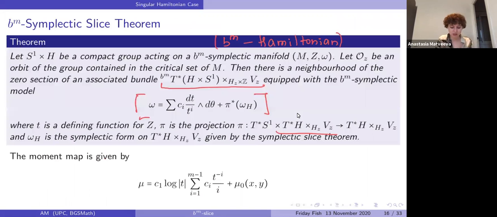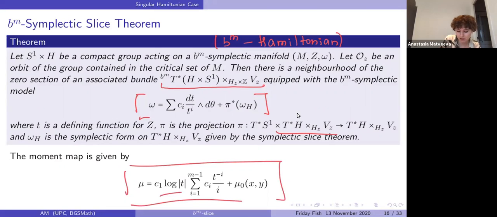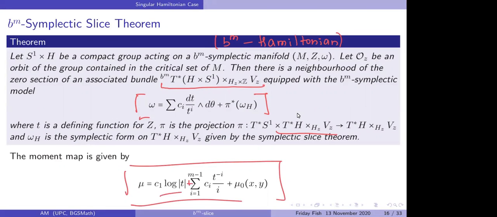So once we state this theorem, we can also say that the moment map in this case will have this form, again with a log component. Anastasia, may I ask a question about the statement of the theorem? Sure. In that associated bundle, there's a subscript H, Z cross Z. Is that an infinite cyclic group or a finite cyclic group?